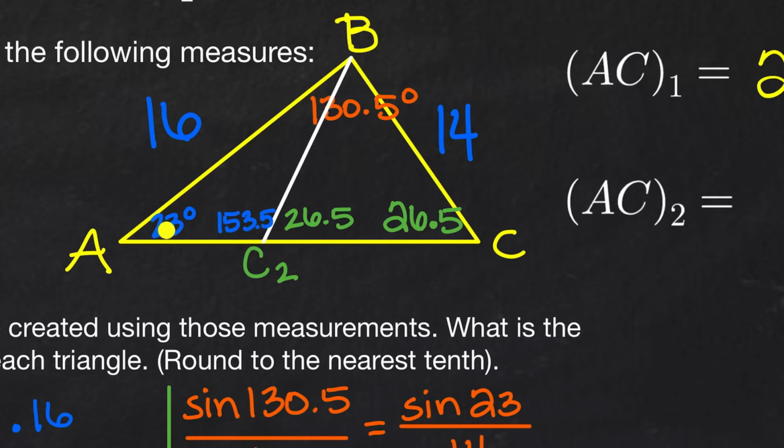Now, these two angles added together and subtracted from 180 will give me this angle B2, which is 3.5. So here, this angle is 3.5 degrees.